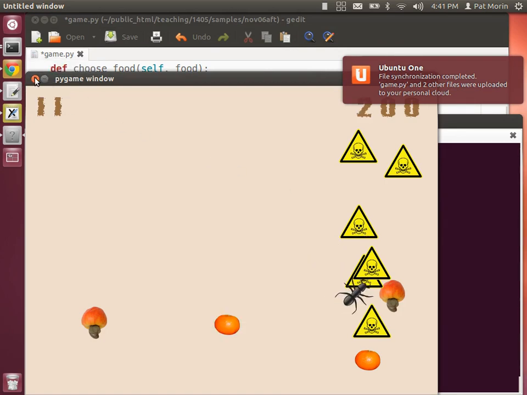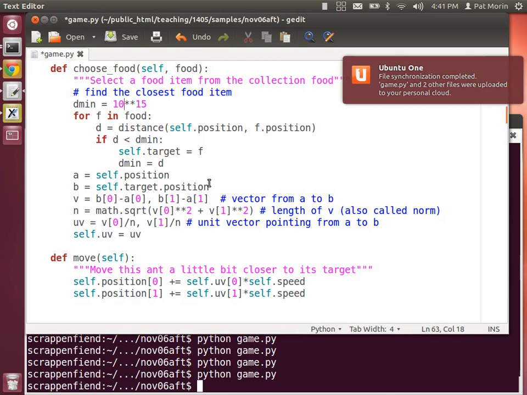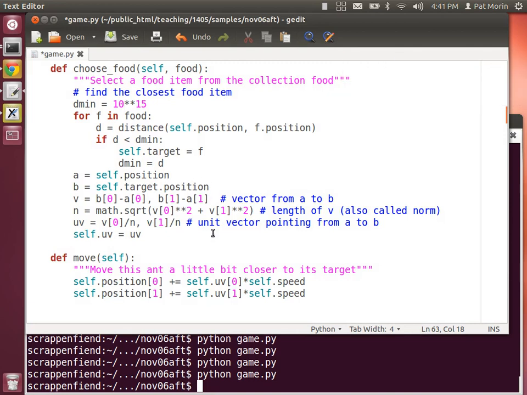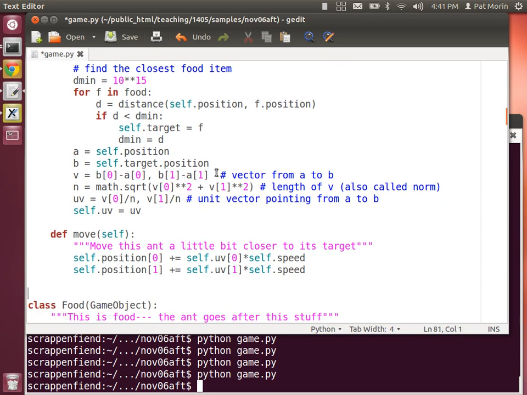So let's just make sure we didn't break anything. Still seems to work perfectly. If anything, it'll be more efficient because there's whatever 5 or 6 or 7 lines of code that we took out. It's not happening 30 times per second now. It's only happening once every time the ant chooses a new target.